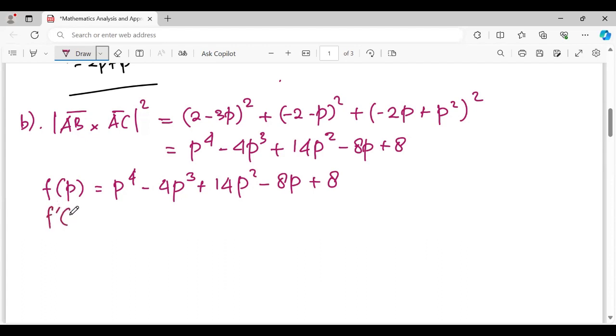So the derivative of this function is 4p cubed minus 12p squared plus 28p minus 8.